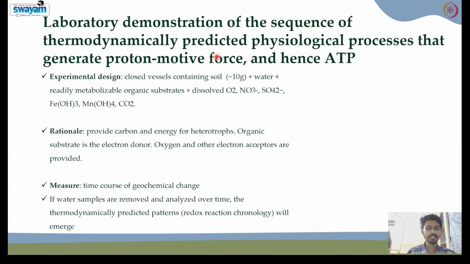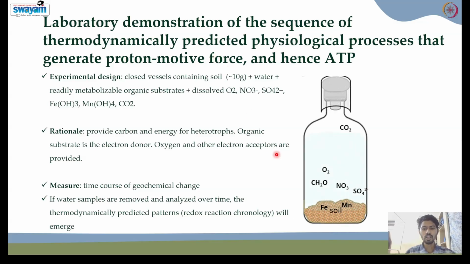For this experiment, we take a closed vessel where we add 10 grams of soil, water, and organic substrates like CH2O, that is carbohydrates. We also provide all the electron acceptors like O2, NO3, SO4, Fe2 and CO2.